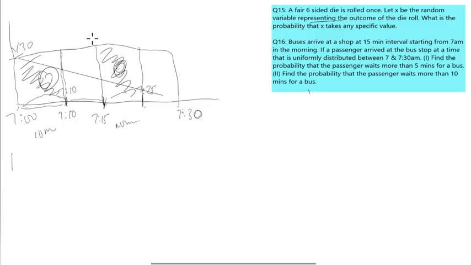So that means the probability that he waits more than 5 minutes is the probability that he arrives between 7 o'clock and 7:10, or the probability that he arrives between 7:15 and 7:25. So for a continuous uniform distribution, we're going to use the area to solve this question, right?